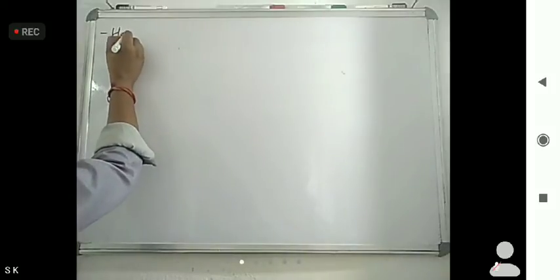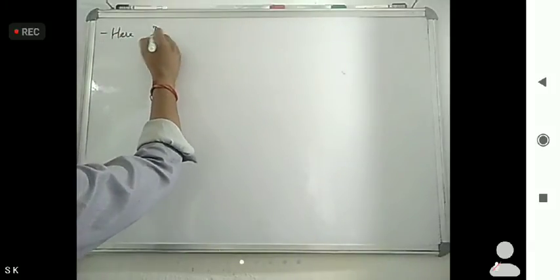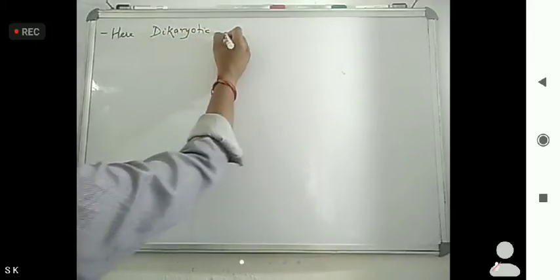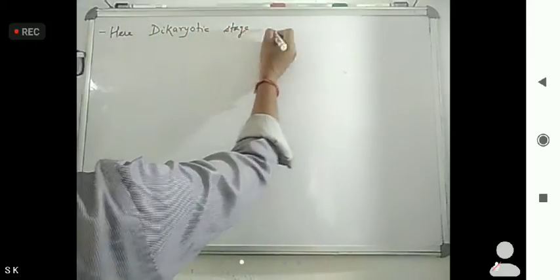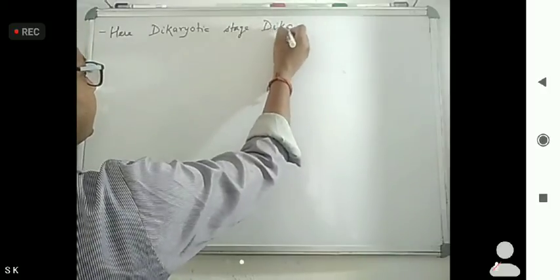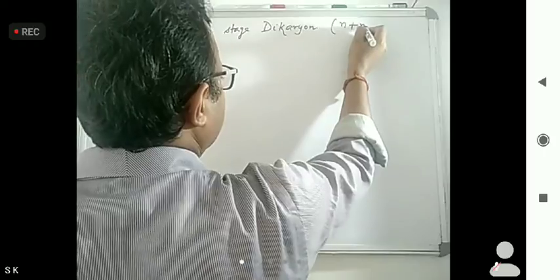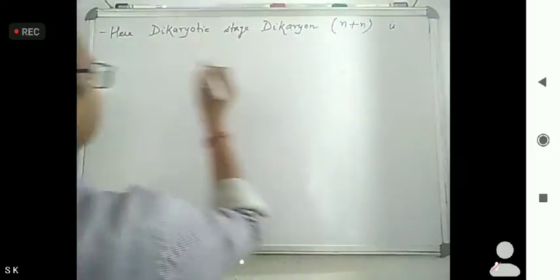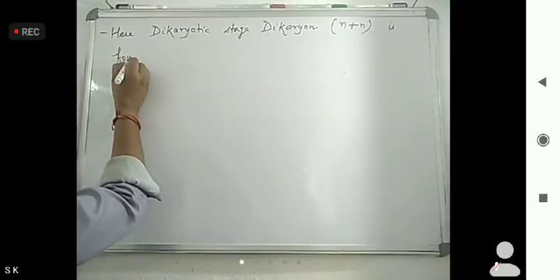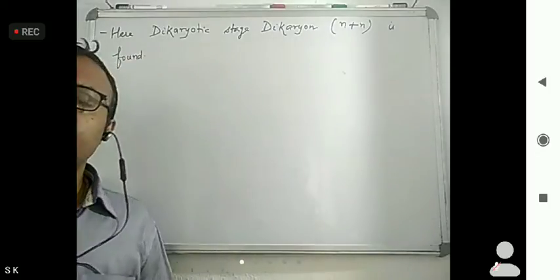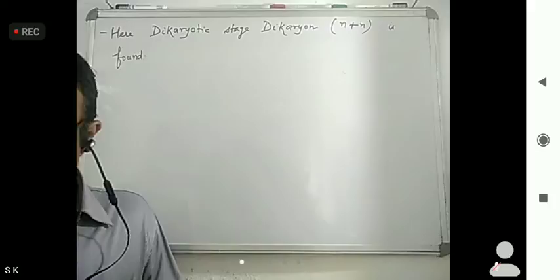Here the dikaryotic stage, dikaryon, that is n plus n, is found. What I told, here dikaryotic stage dikaryon is found.